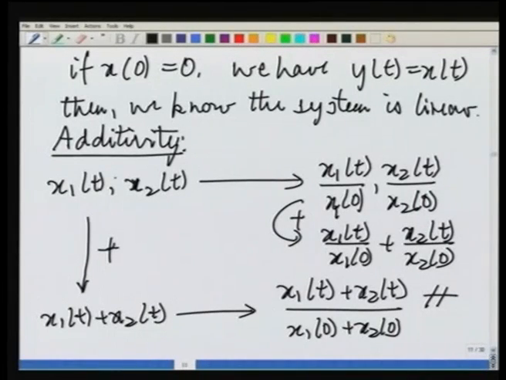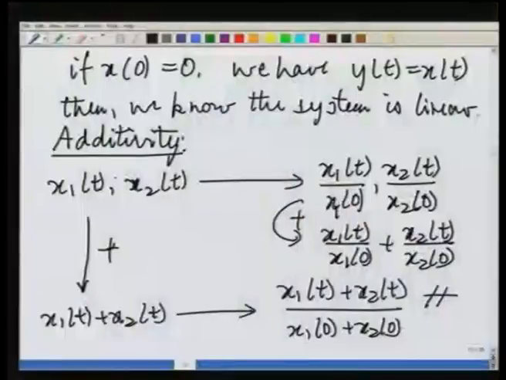Going back to the instance where we consider signals for having x(0) equal to 0, then the definition of the system changes to y(t) equals x(t), and that system is also additive, just like it is also homogeneous, the whole system is linear. So, let us summarize what we have learnt in this example.